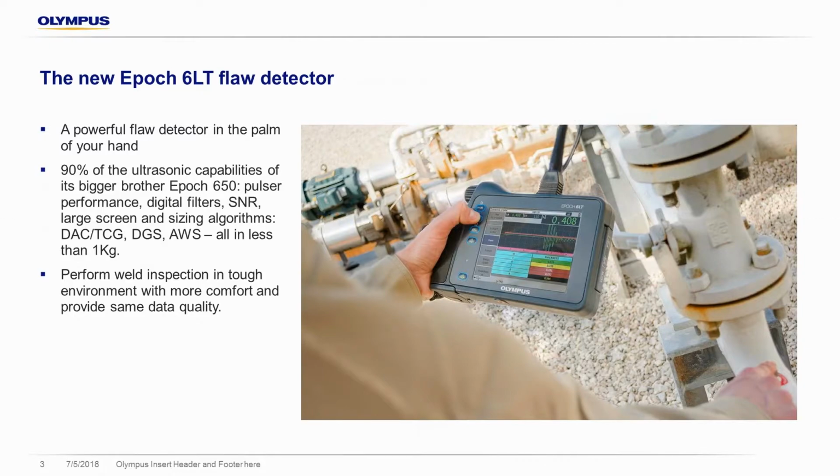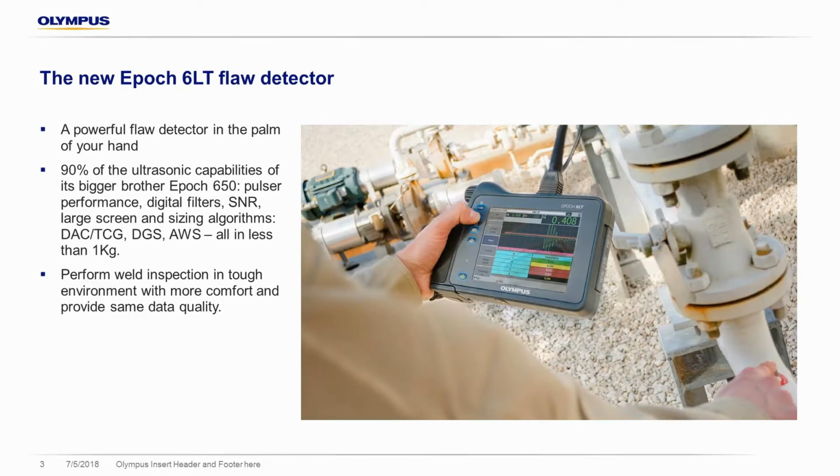Among these, I can remind you of pulser performance, digital filters, the very good signal-to-noise ratio, the same screen size, and also the classical sizing algorithms, the DAC curve or the TCG, DGS or AWS, and so on, and all this in less than 1 kilogram.